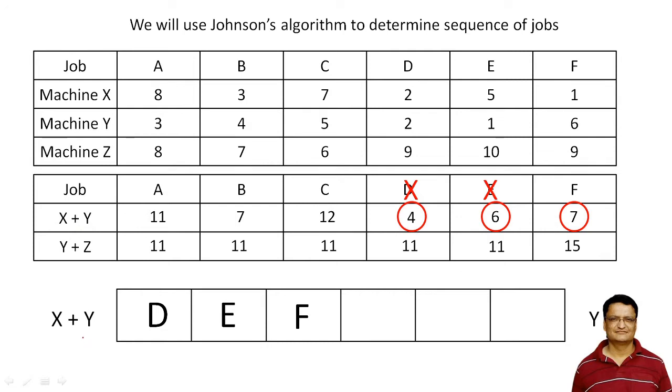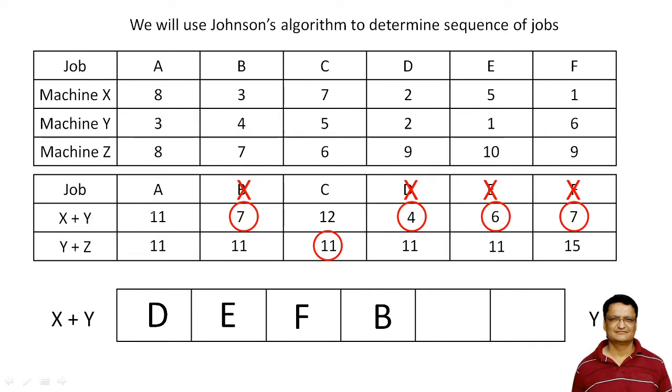Again I look for the smallest value. The smallest value is 7, which is again related to job B and the X plus Y row. So I put B over here, and I cross out B because I will not consider it again. Now two columns remain. Out of these two, the smallest value is 11.